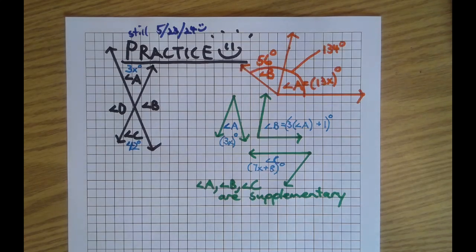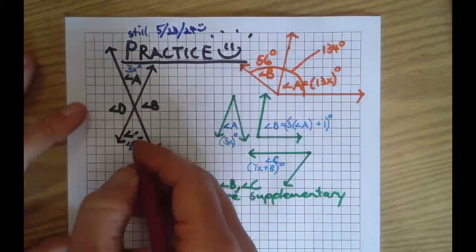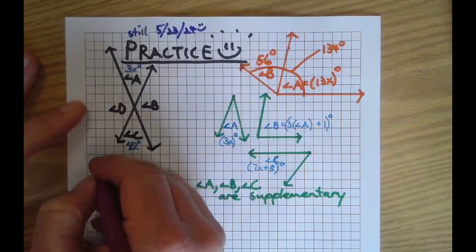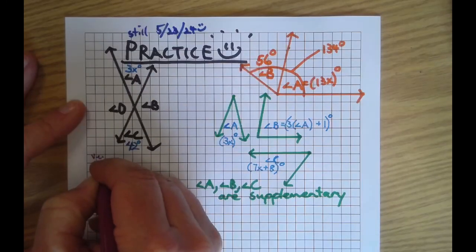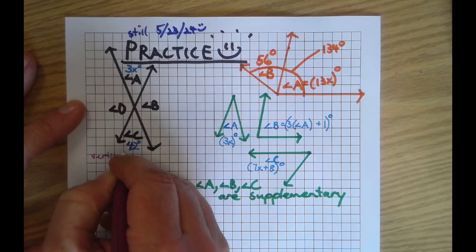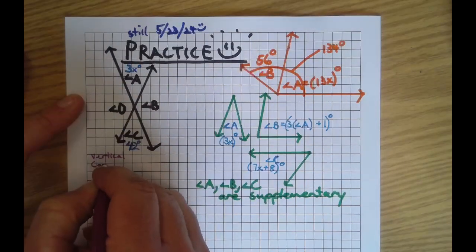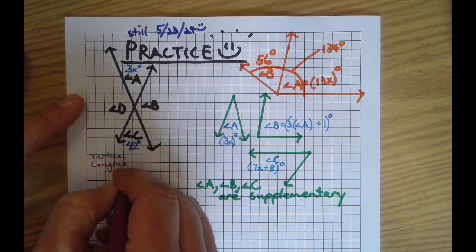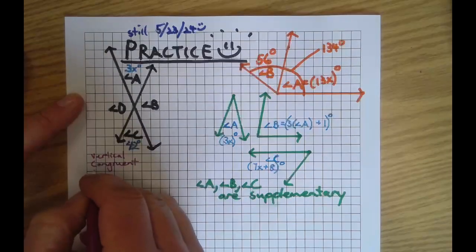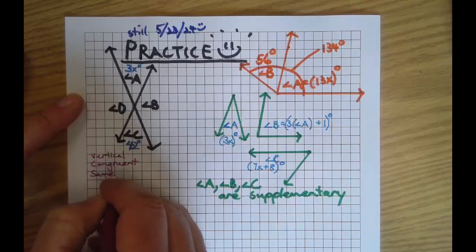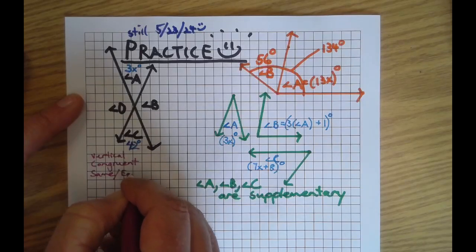Okay, welcome back. I'm here to help. Let's do this one over here first. So A and C are vertical angles, which means they are congruent. Fancy way of saying they are the same or equal, as you know.